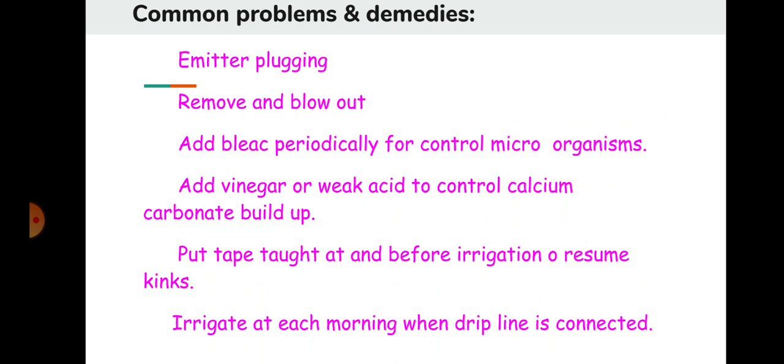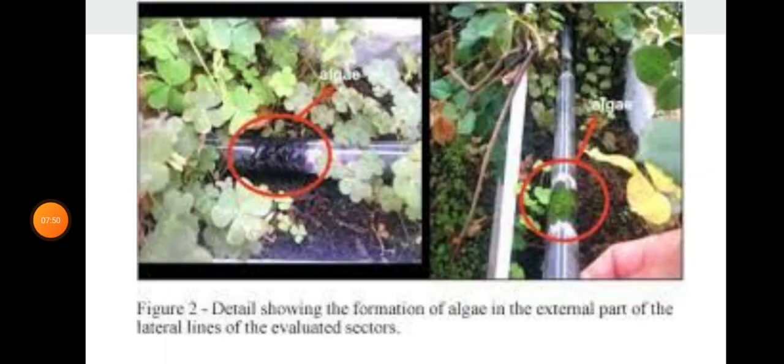And then add vinegar or a weak acid to control calcium carbonate. And it is very important to irrigate each morning when the drip line is contracted. Irrigation should be done every morning.